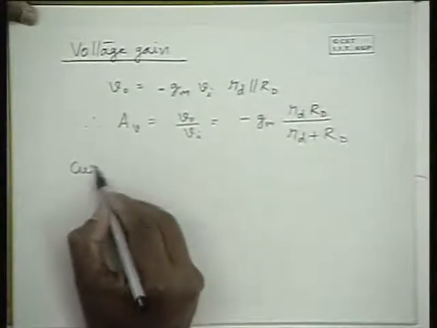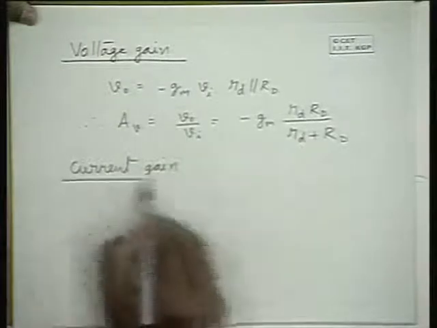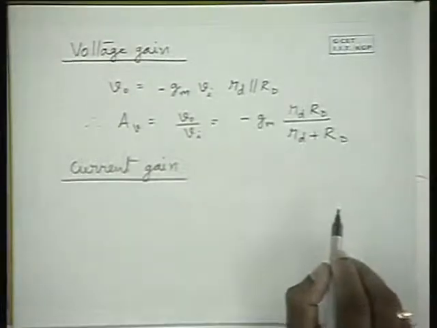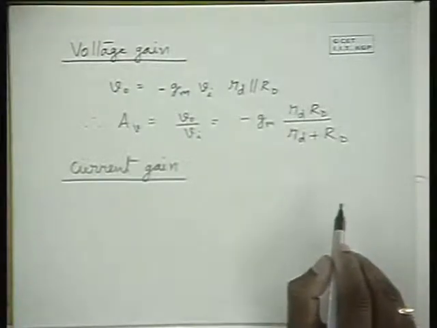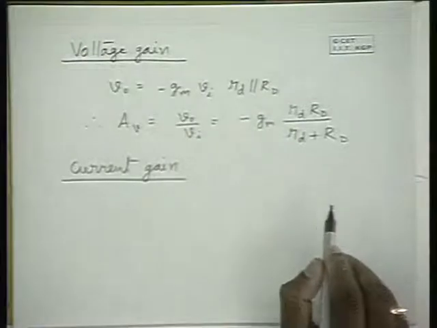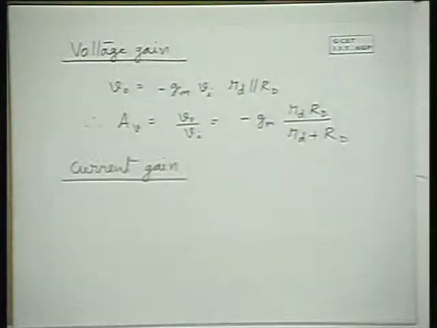Now, what about current gain? As such, what is the current drawn by the FET? The current drawn by the FET is 0 for all practical purposes.